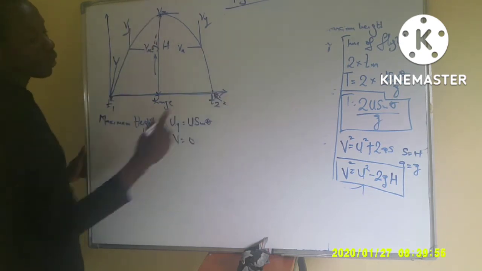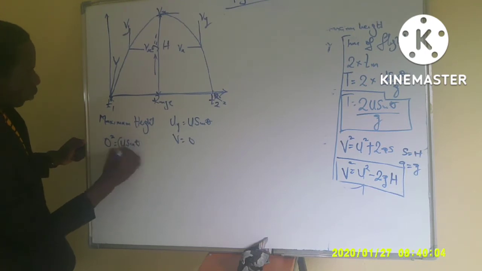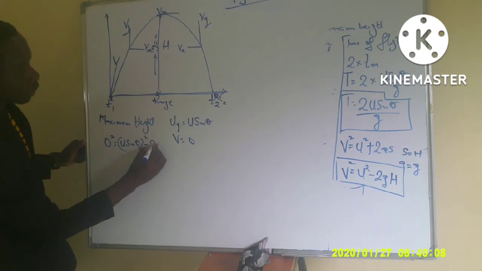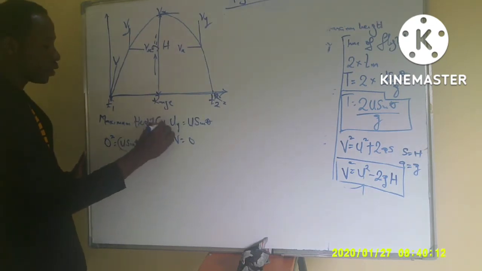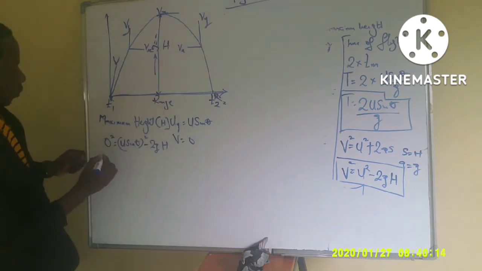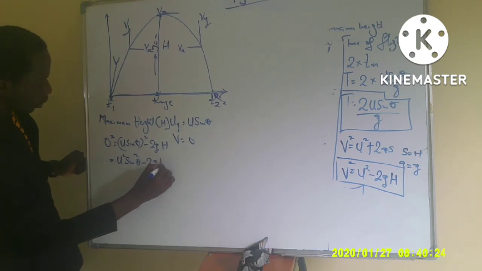So it becomes 0 squared is equal to u sine theta all squared, then minus 2gh. When you square this, it becomes u squared sine squared theta minus 2gh.